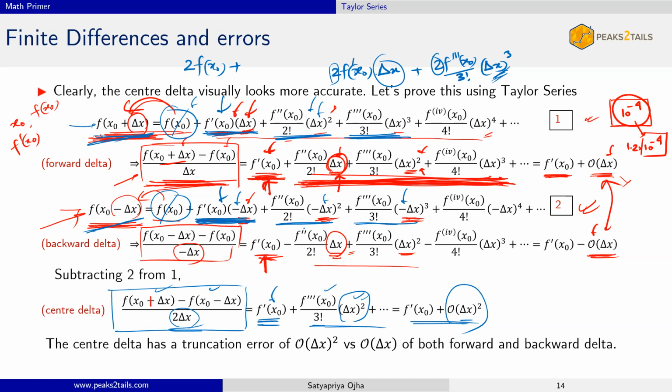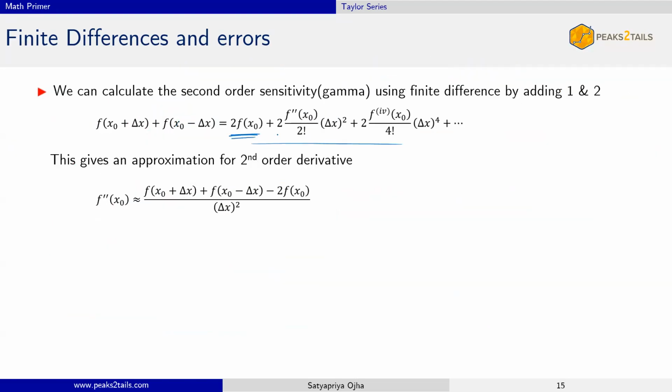Quadratic term again will be doubled. 2 times whatever. We don't need to worry about this actually. So this is what we'll get. 2 times f of x0, 2 times this. All the even terms will come as twice if you add these two. Okay. Now take this one to the left hand side and divide by delta x square.